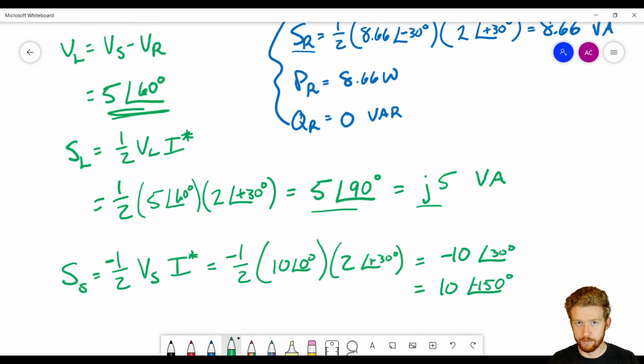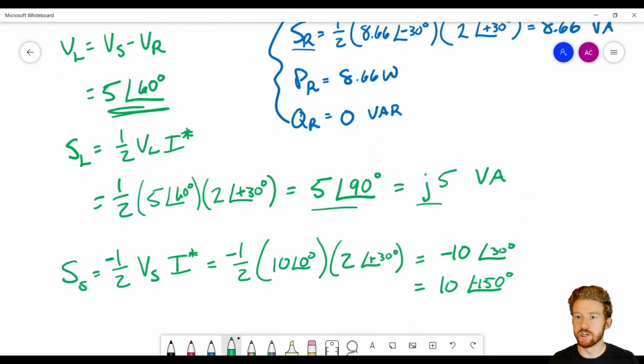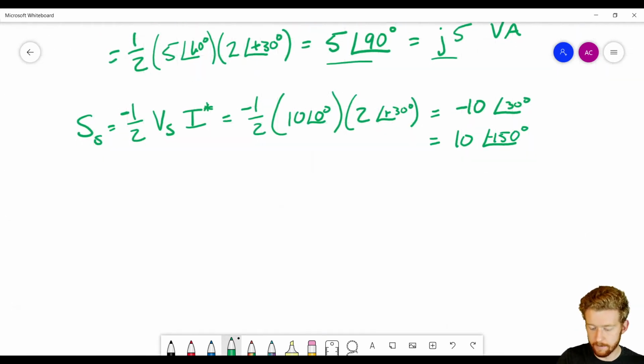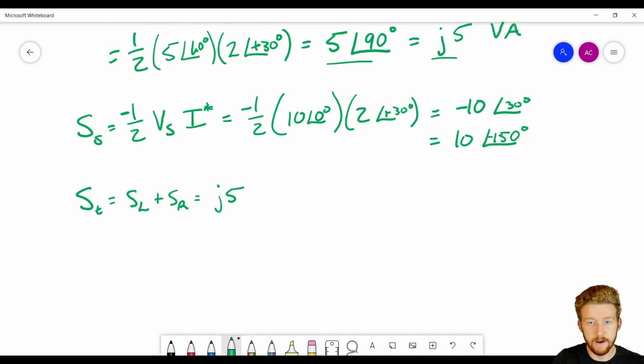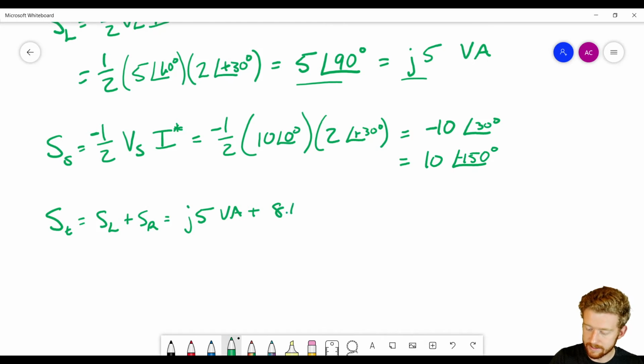So now let's check a couple of things. Let's see how much power is actually being consumed in this circuit. So let's do the apparent total power. That's going to be the apparent power for the inductor plus the apparent power for the resistor. So that's going to be J5 VA plus what was consumed by the resistor, 8.66 VA.